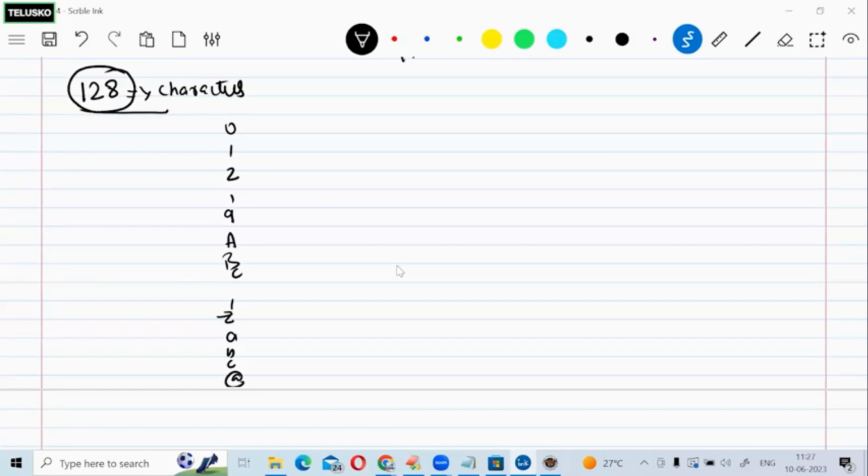And for all the 128 characters, they gave the binary representation. 128 is equal to 2 power 7. How many bits, if you ask me? 7 bits representation. That means 0000000.